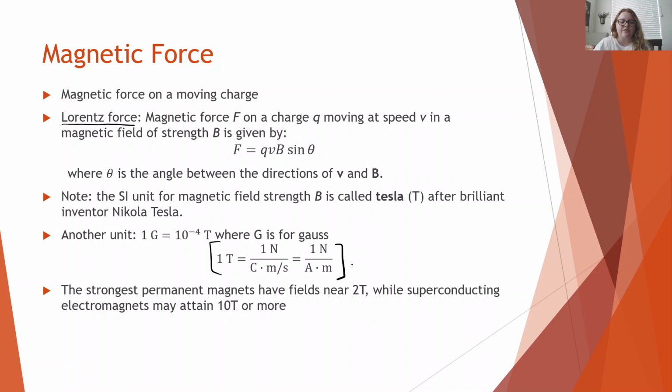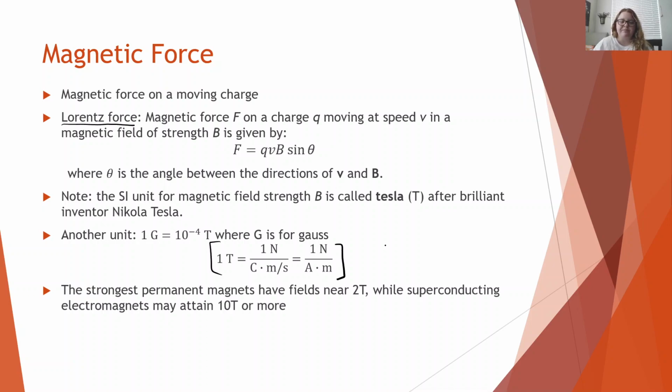Again, here are the units. I should have put brackets around this just to break it down. So 1 Tesla is equal to 1 Newton divided by coulombs, meters per second, or is equal to 1 Newton divided by ampere times meters.